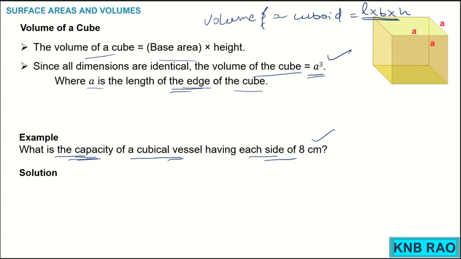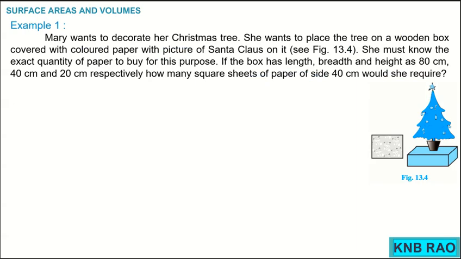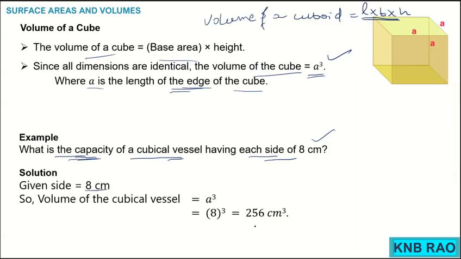So, as a solution, given side or given edge is 8 centimeter. So, the volume of a cubical vessel is A cube, and 8 cube is 512 centimeter cube, and this is also written as 512 cubic centimeter, or it can also be written as 512 cc, cubic centimeter. Okay.